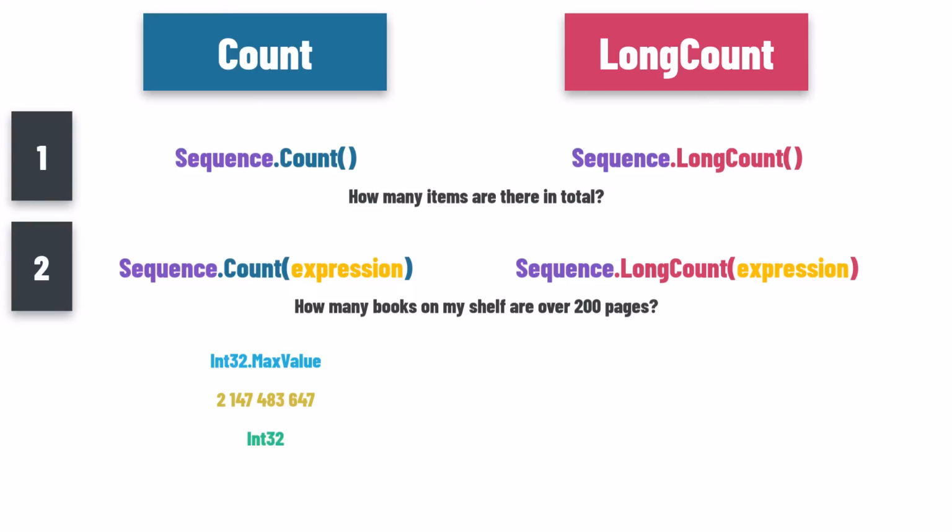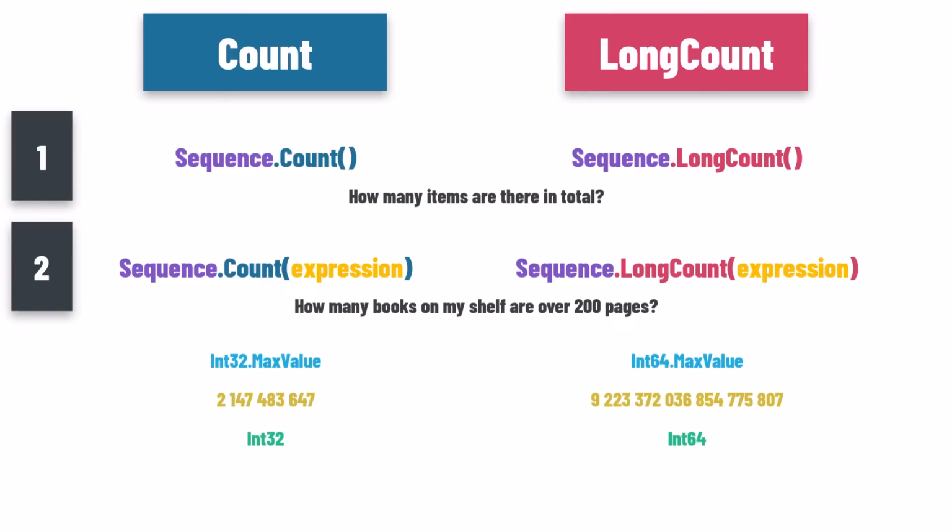Think of it like counting the number of stars in the night sky. There are so many. LongCount can handle these massive collections because it counts up to Int64.MaxValue, giving you a result in the long, or Int64, format, which is even bigger than Int32. So, in summary, Count is great for most tasks, but when you're dealing with something huge, LongCount is your friend.